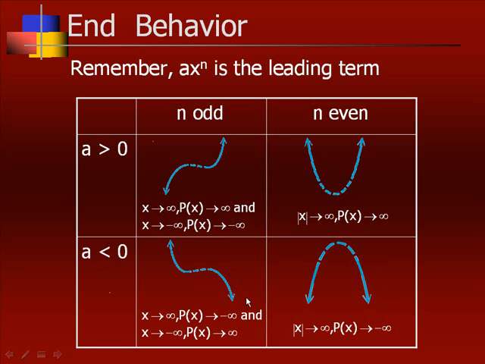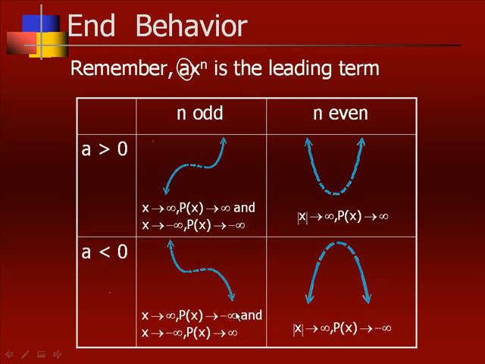And what you'll find out is, if a is greater than 0, if the number in front of the x to the highest power term is positive and n is odd, your graph will always start down in the left-hand corner, go up, and finish up in the top right-hand corner. If the coefficient is negative, then it flips. It reflects across the x-axis, and it starts up high, and then it finishes down low.